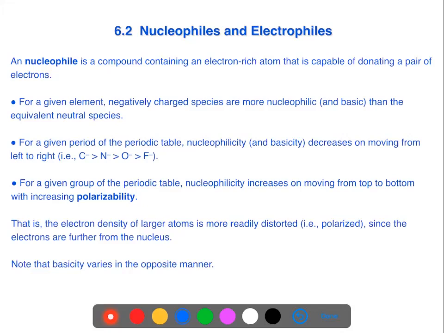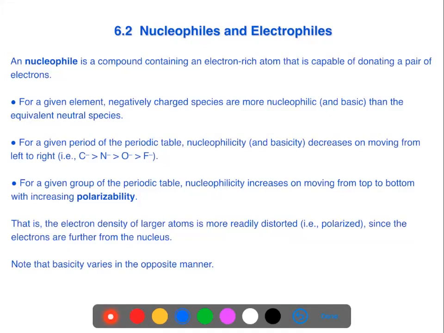So if you have, say, a water molecule, H2O, where oxygen is neutral, versus the hydroxide ion, OH minus, where the oxygen has an additional electron and a formal charge of -1, the hydroxide is going to be more nucleophilic and basic than the neutral species. So the conjugate base in that example would be more basic than the original acid, water.